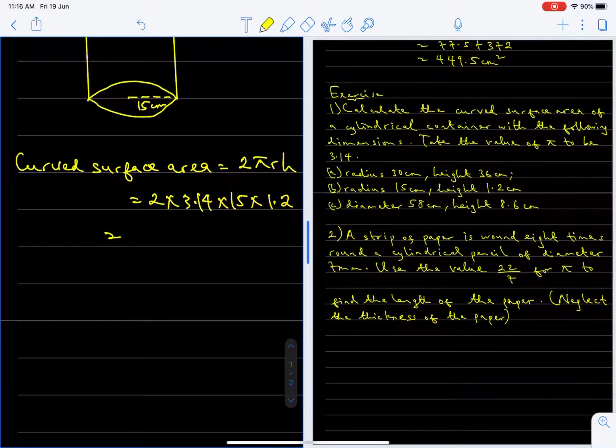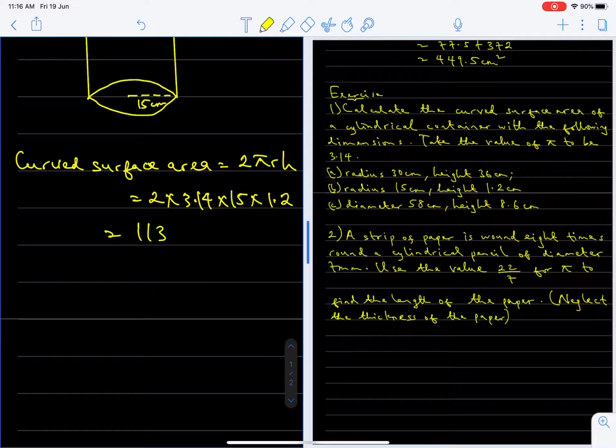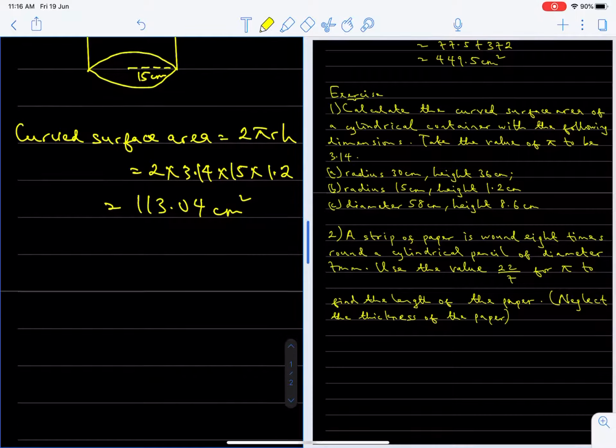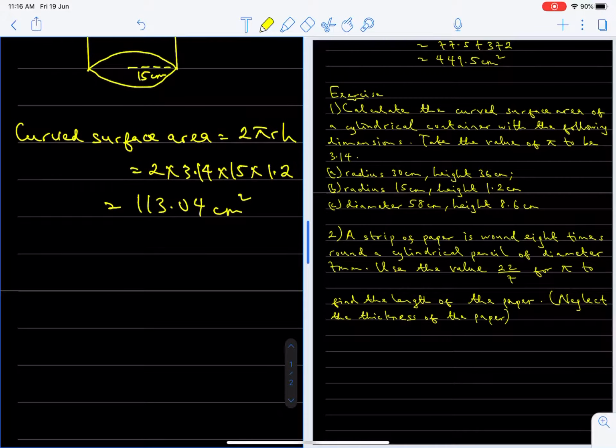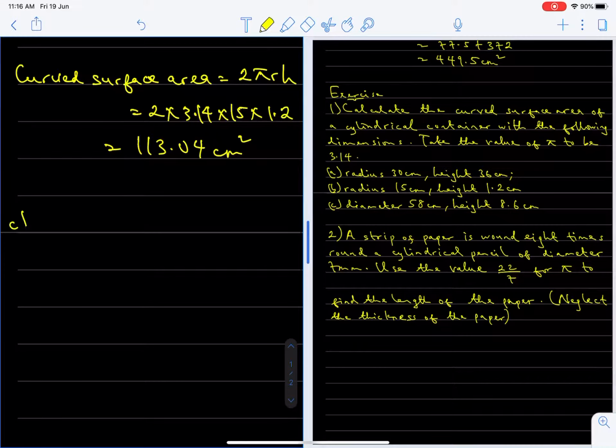And when you work that out, 2 times 3.14 times 15 times 1.2, that's 113.04 centimeters squared. That's the curved surface area of that cylindrical container. Now we go to C.